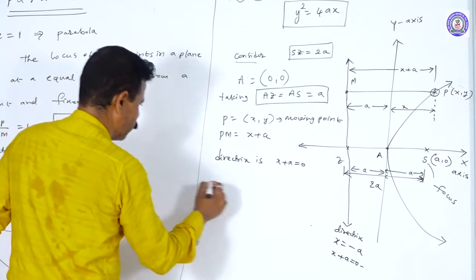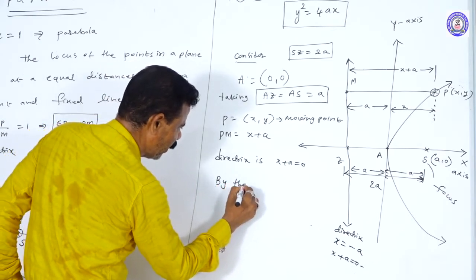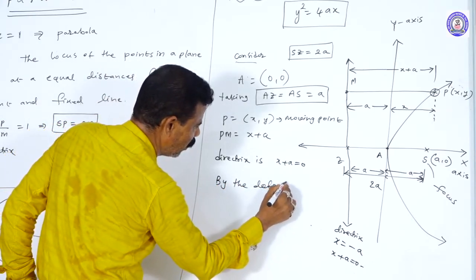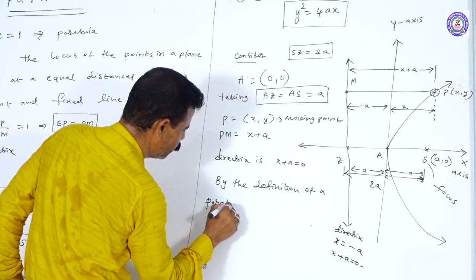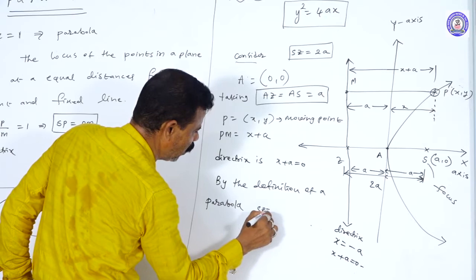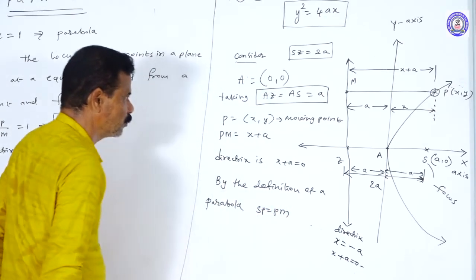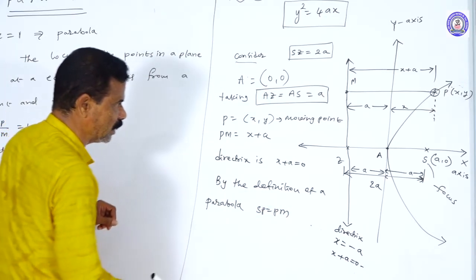By the definition of a parabola, SP is equal to PM. SP is what?